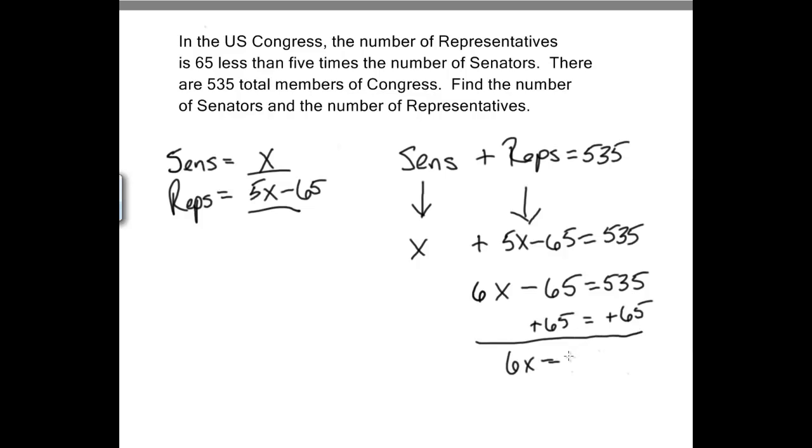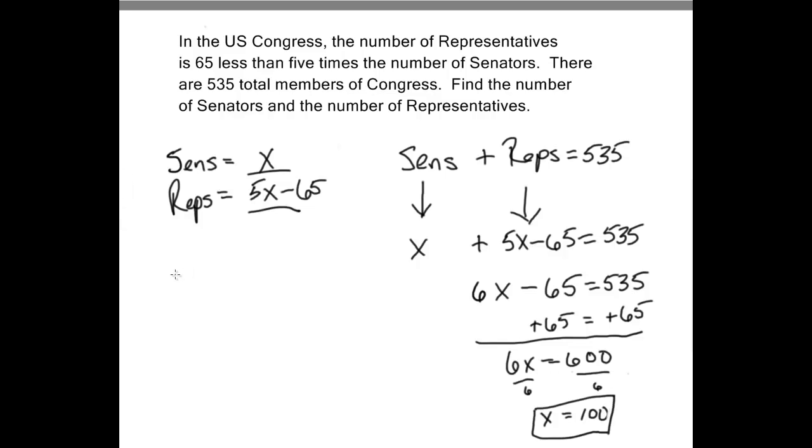6x equals 600. And I divide both sides by 6, the coefficient of x, and I get x is equal to 100. Oops, 100, not 1,000.